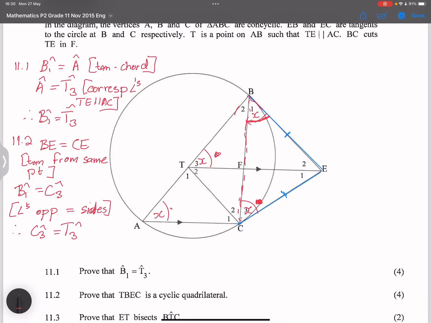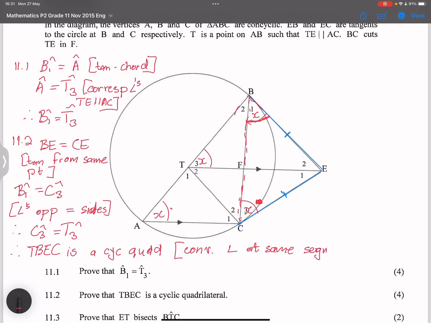And so we've proven that TBEC is a cyclic quad. All right, and please state the reason. And what is that reason? Because we have proven that the angles that are on the same segment are equal. So, converse of angles at same segment.